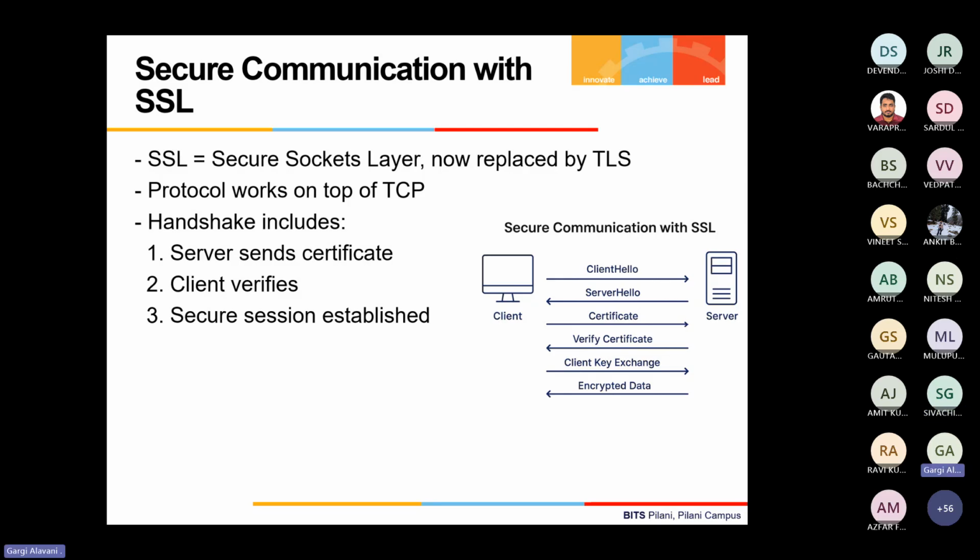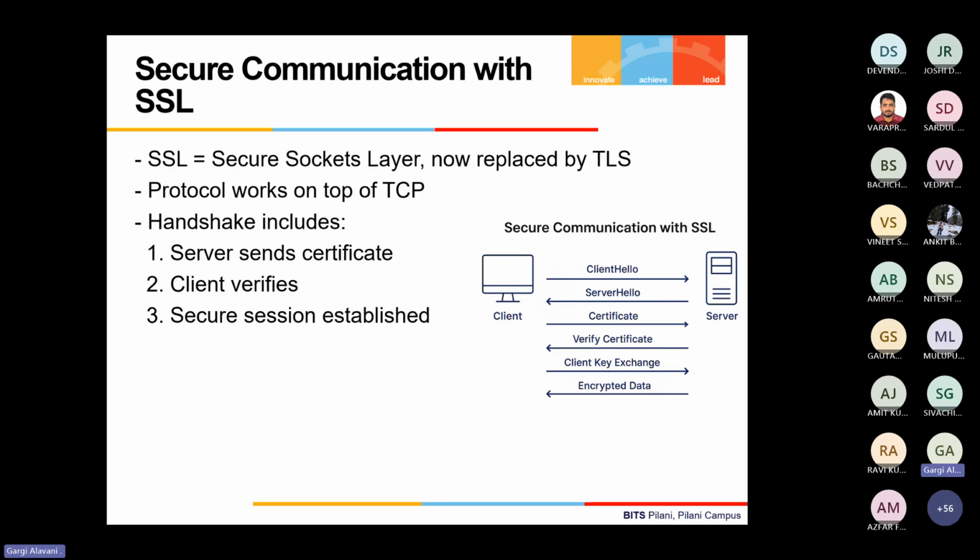So why do we need secure communication? Whenever processes communicate, especially through a network, there is always a risk that the data being transferred can be intercepted, altered, or even spoofed.